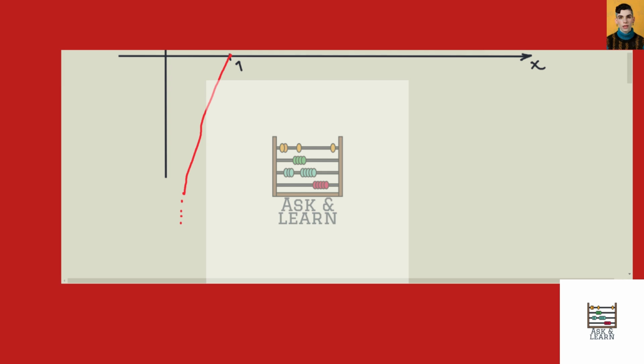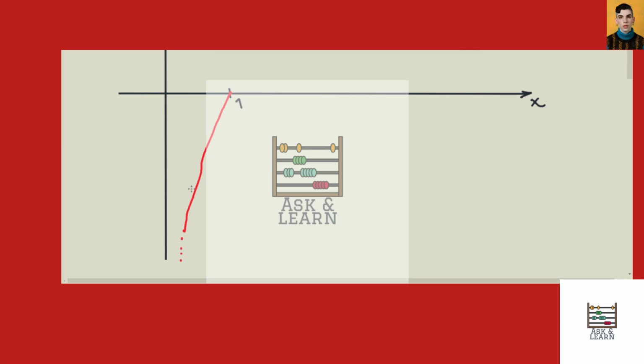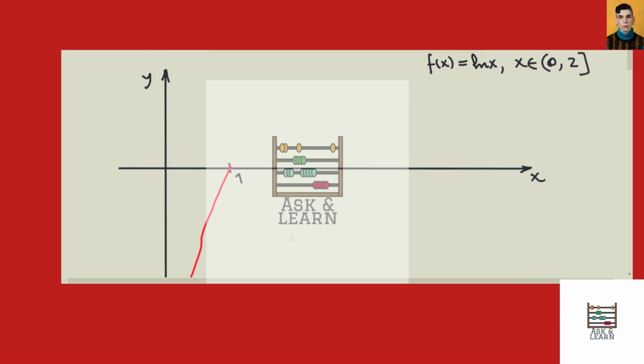So there is no intersection between the line and the graph of the function. Natural logarithm of 0 is not defined, but there is always a behavior of getting closer to the y-axis.